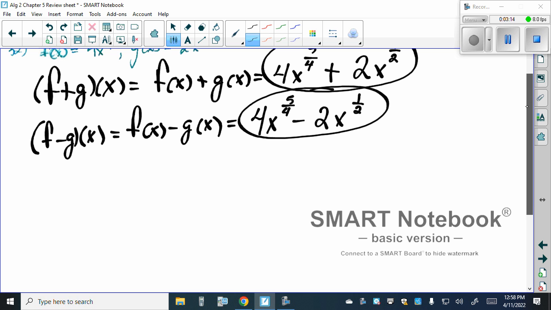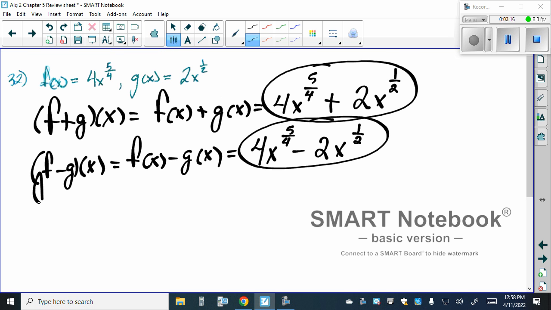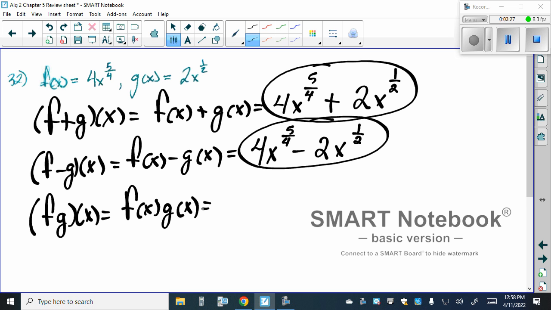So we're halfway done. The next part is going to be our f times g of x. Now this here is saying that we're taking f of x and multiplying it by g of x. Now our f of x function is our 4x to the 5/4, and we're multiplying it by 2x to the 1/2.